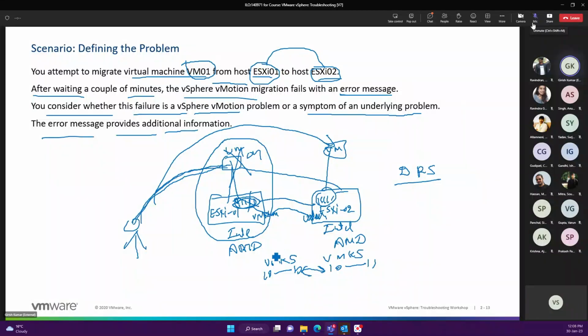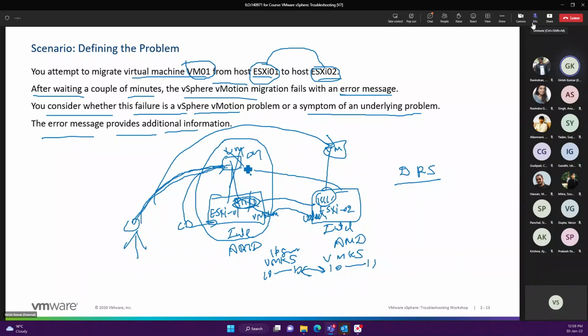Sometimes the IP address or subnet mask is not correctly configured at both ends, so we need to verify that also. Or local resources, such as a CD inserted and mounted in the virtual machine that is not visible from the destination host, so the migration is simply not allowed.